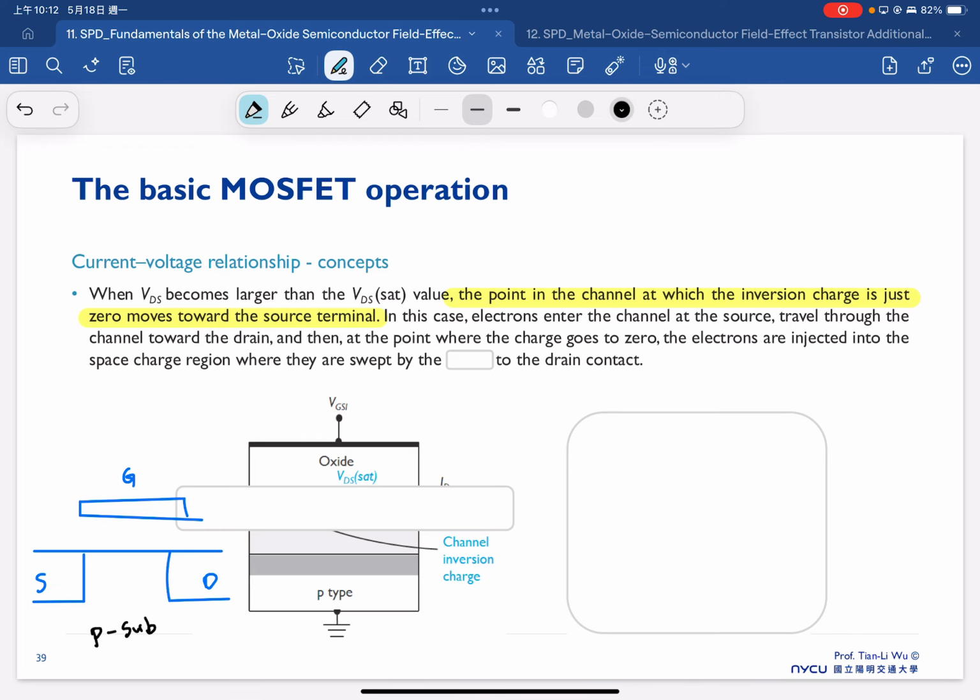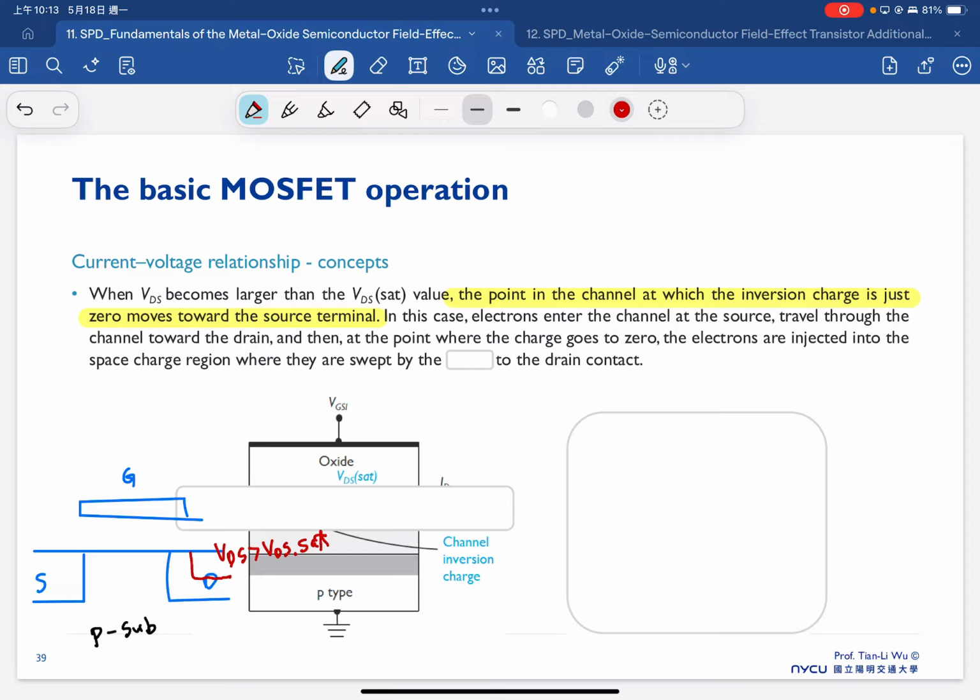And once our VDS is larger than VDS set, we cannot call this a small drain bias anymore. It's actually quite a large drain bias, which means the depletion region between the drain and the substrate has increased.